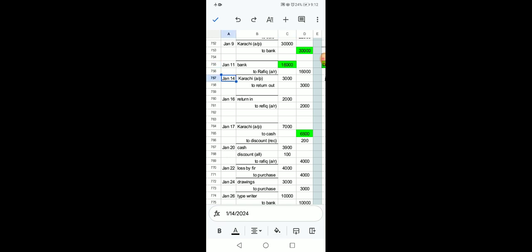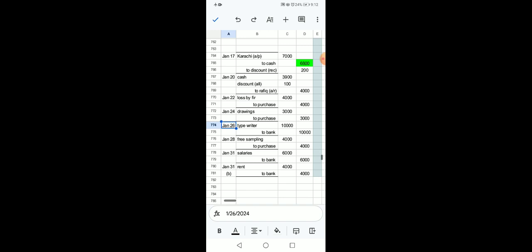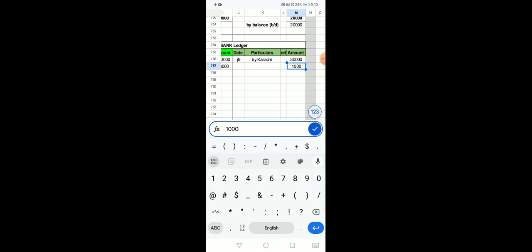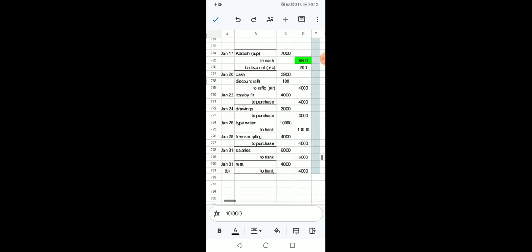Next entry, bank is not present. No, no, no. January 22. Yes, January 26, bank is present on credit side. 10,000 is being credited. So you will go to the credit side and will write 10,000 on credit column of bank ledger. What is written on the opposite side?